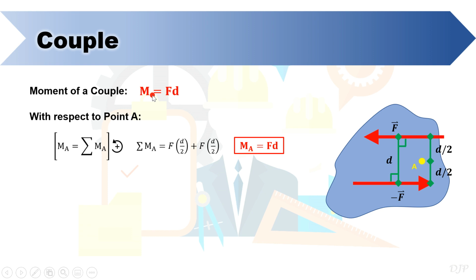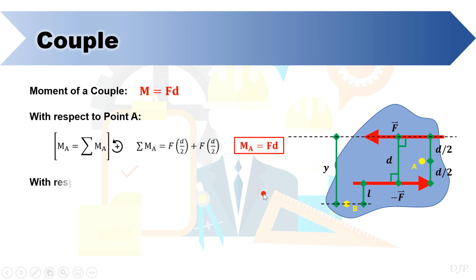To prove now that it is a free vector, let's use another point denoted as point B. From point B, we can let y and L be the distances of the two forces.